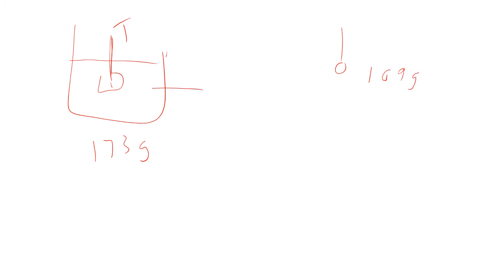So it feels lighter underwater because you have the buoyant force pushing upwards. So 109 divided by 173 is 0.63. So that means it weighs 63% of what it would in air when it's underwater. Okay, so that's an example of the buoyant force.